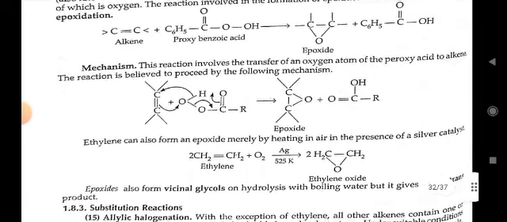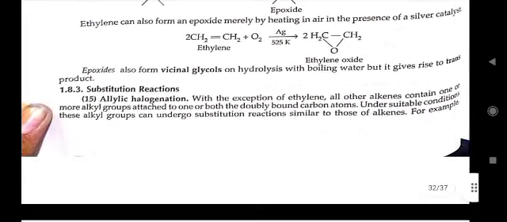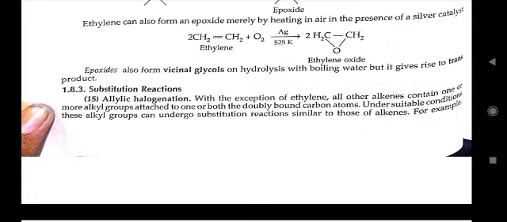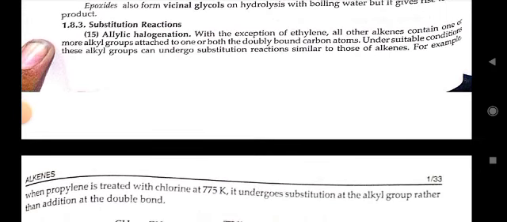Mechanism: these reactions involve the transfer of an oxygen atom of the peroxy acid to the alkene. The reaction is believed to proceed by the following mechanism. Ethylene can also form an epoxide merely by heating in air in the presence of a silver catalyst. Epoxides also form vicinal glycols on hydrolysis with boiling water, but it gives rise to the trans product.